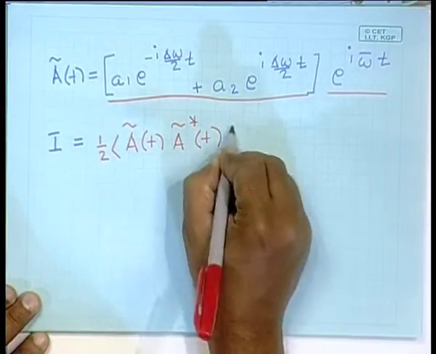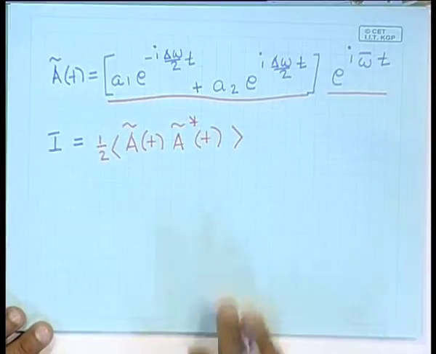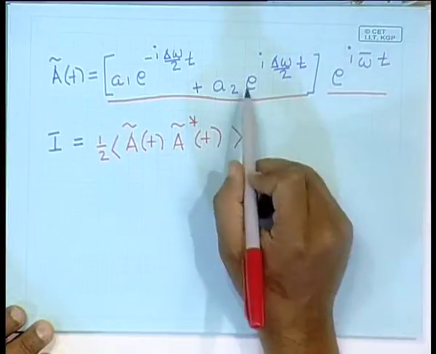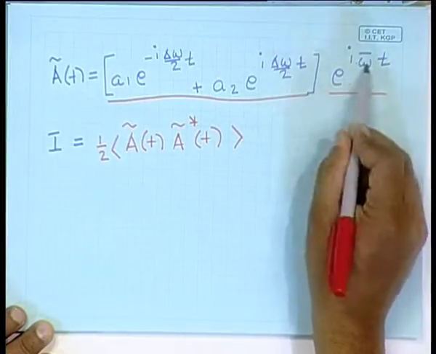And we should remember to do an average over a time scale which is somewhere intermediate between this and this.